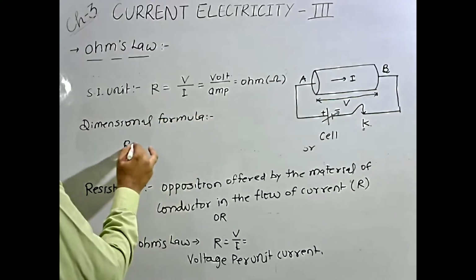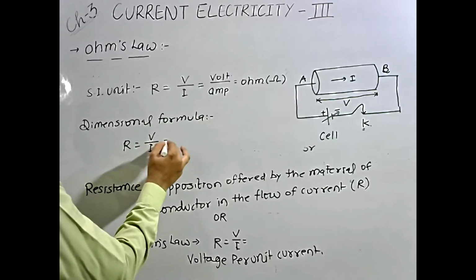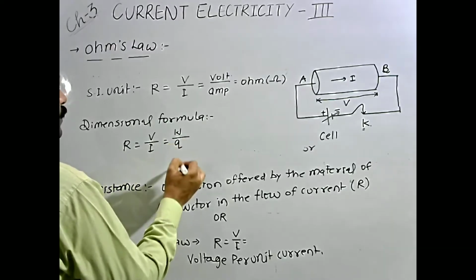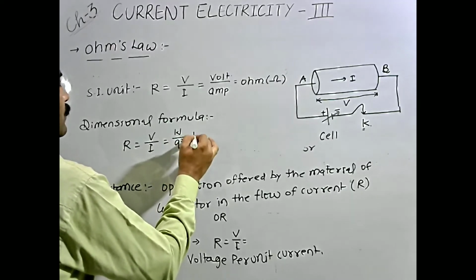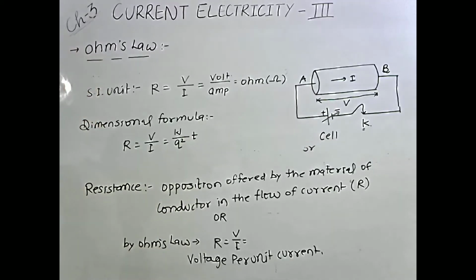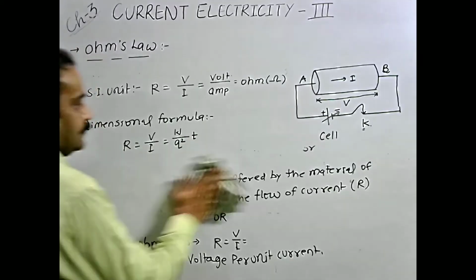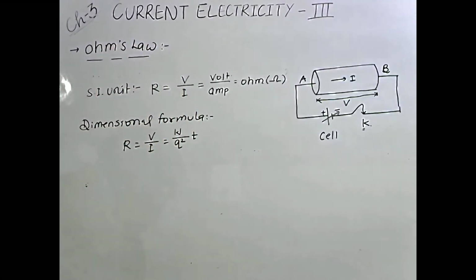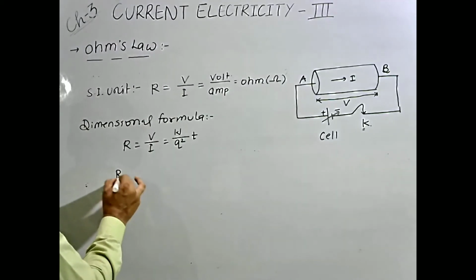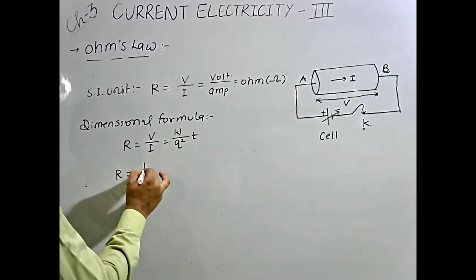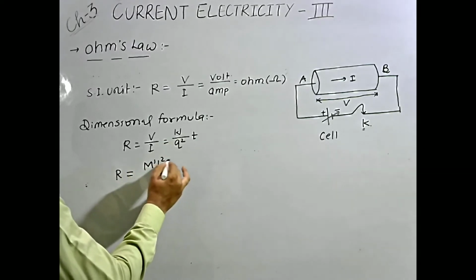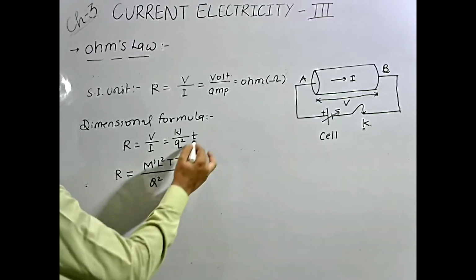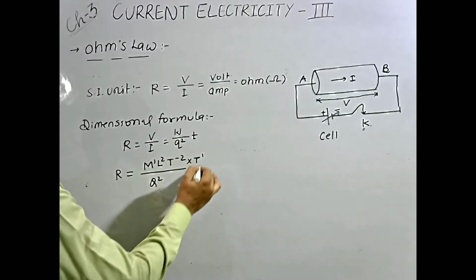Dimensional formula. Also you can estimate it by using the relation R equal to V upon I. V equals W upon Q and I is equal to Q upon T. So it is W upon Q squared into T. Then put the dimensions of W, Q and T. The dimensional formula of work is M1 L2 T-2, and the dimension of T is T1.